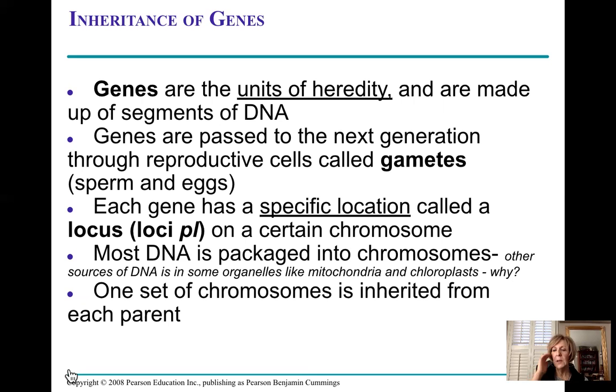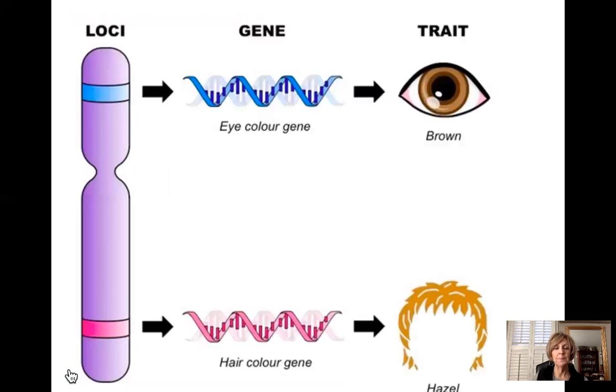And the other thing that we know is that in sexually reproducing organisms, we get one set of chromosomes inherited from each parent. And a lot of times on these slides, they'll show those in different colors. All right, so they'll have red chromosomes and blue chromosomes, which are representing the chromosome sets you get from each parent.